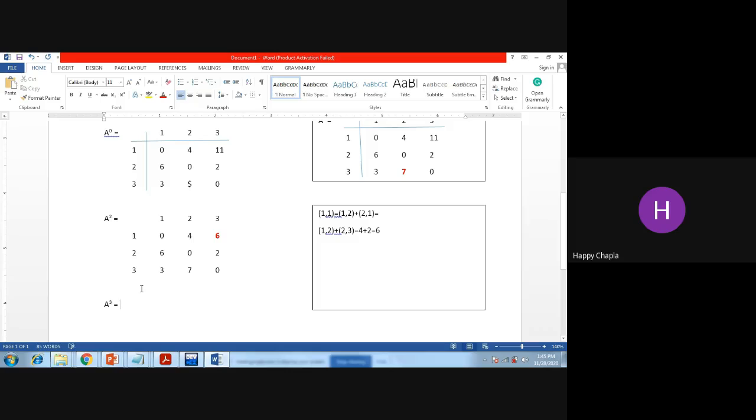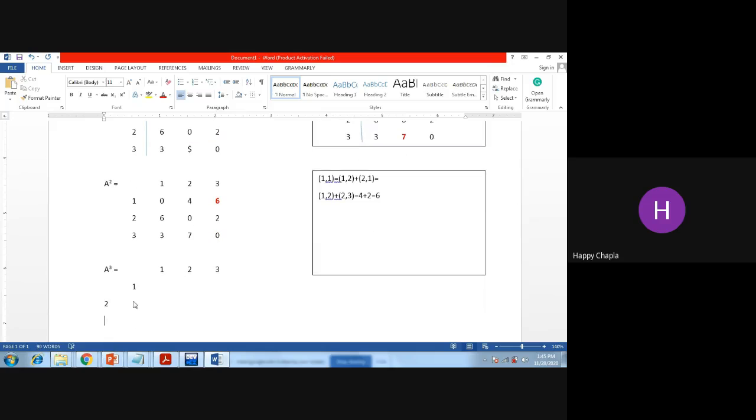Okay, and in that matrix I guess there is 1, 2, 3, 1, 2. So I guess 0, 4, 6, there is no change because it's already smaller.